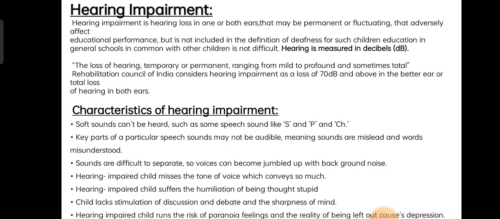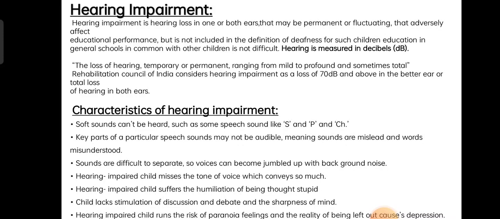Hearing impairment means loss of 60 decibels. What is decibel? Hearing is measured in decibels, as dB. So hearing impairment means 60 decibels or more loss in the better ear in speech conversation frequencies.